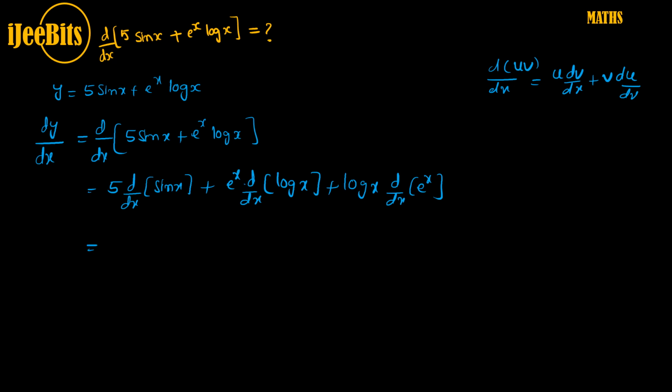Now you apply straight away 5 into what is the differentiation for sin x? Cos x. Very good. Cos x plus e^x remains e^x, but log x's differentiation is 1/x, right? Plus log x remains here and e^x becomes e^x, right?